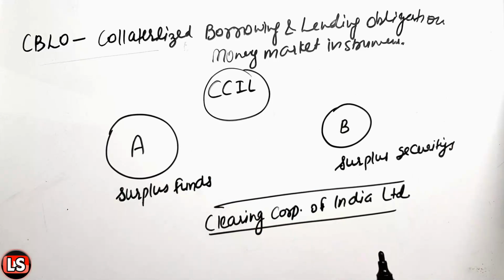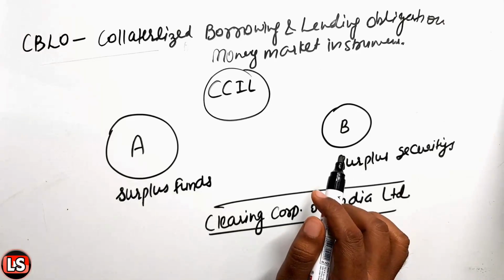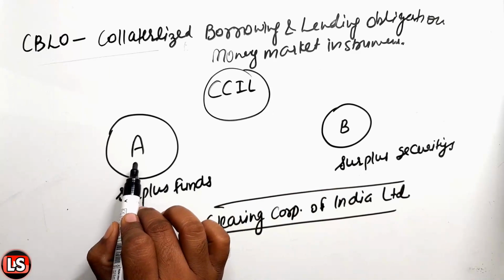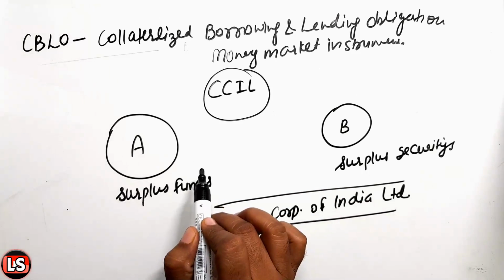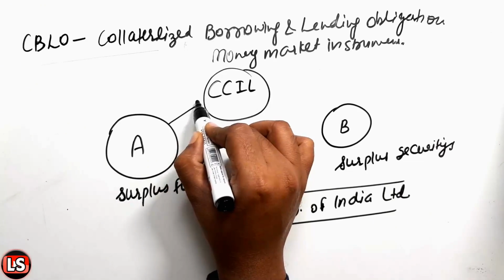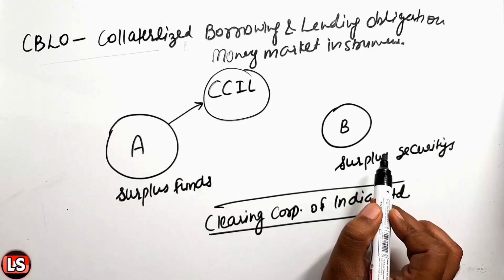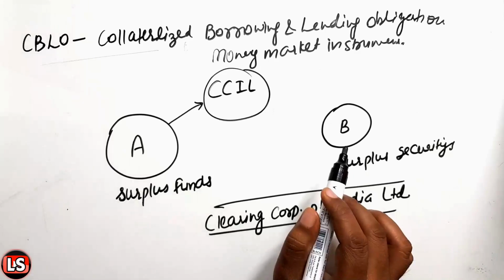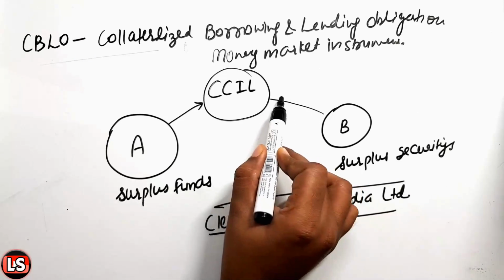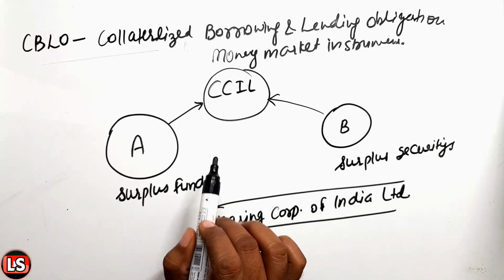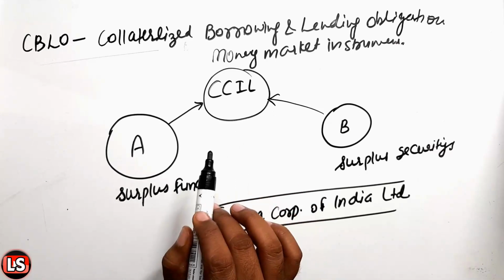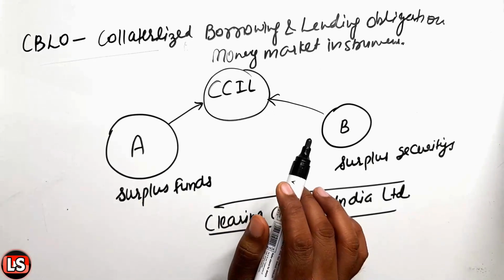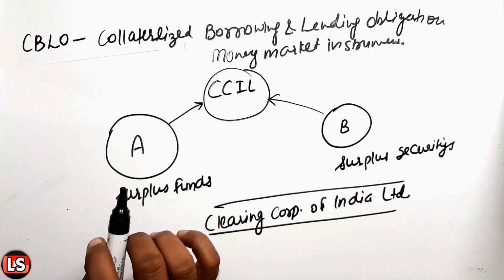The institute which has surplus funds goes to the CCIL. The institute which has surplus security and wants to borrow some funds also goes to CCIL, and CCIL matches the requirement of the two parties and does the deal.